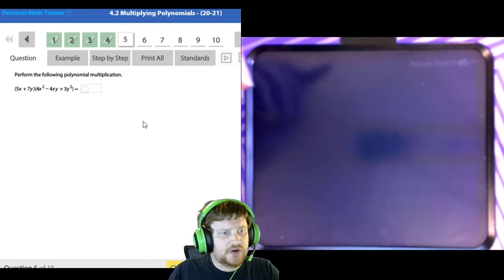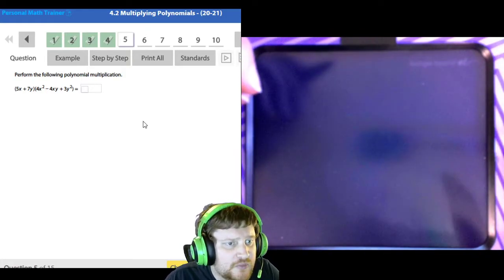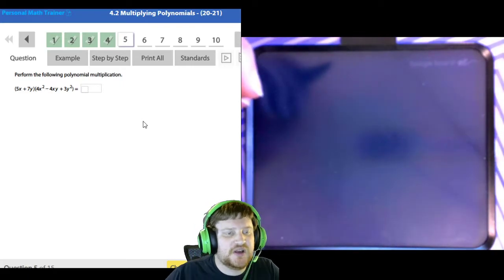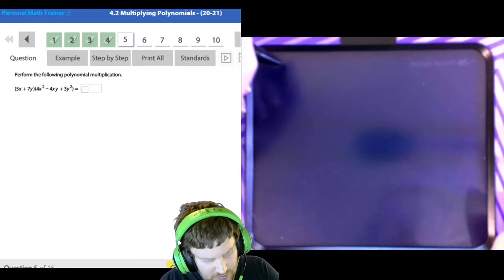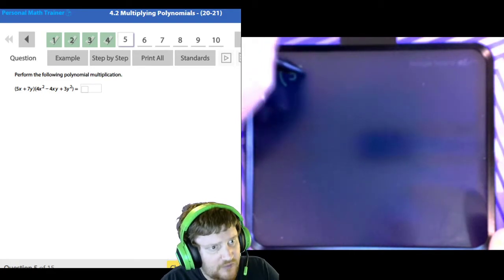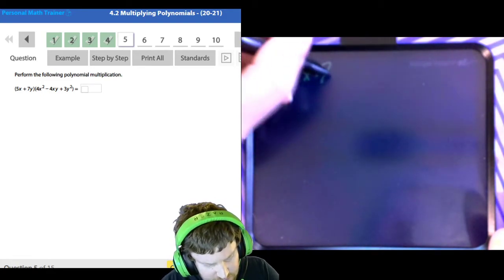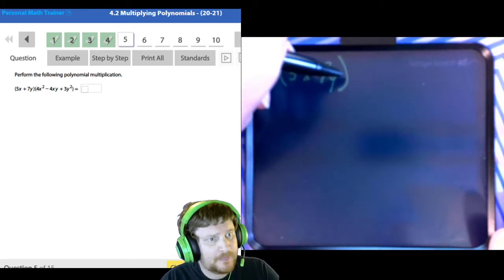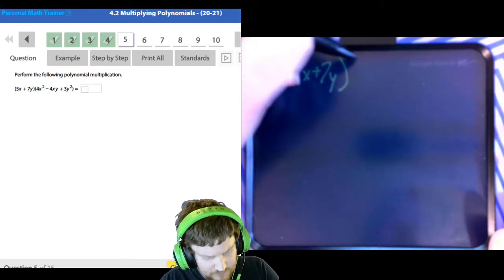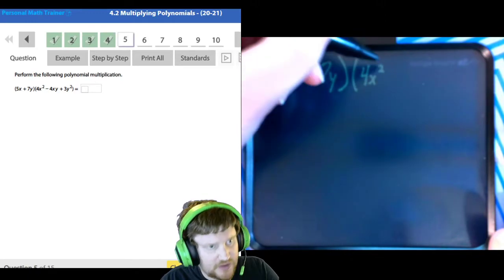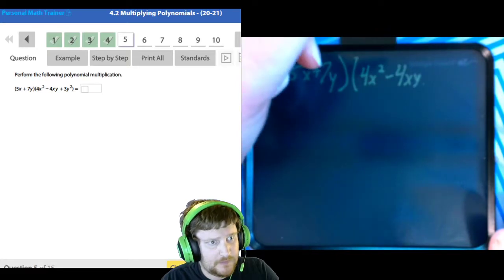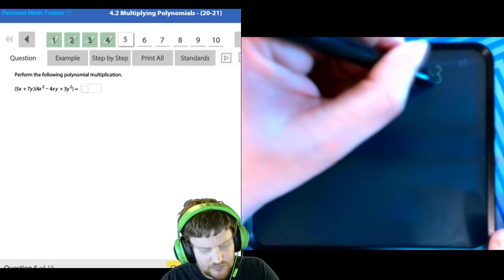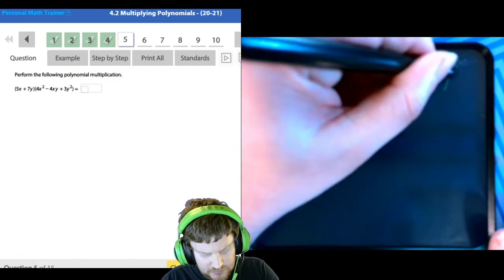Alright, let's go ahead and use our other method, because you're going to notice that this one doesn't just have x's, this one has x's and y's, so we get to have a little bit of fun. We have 5x plus 7y. We have 4x squared minus 4xy plus 3y squared.